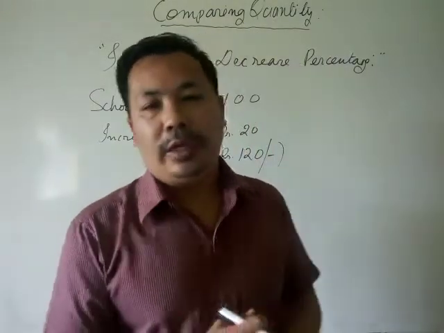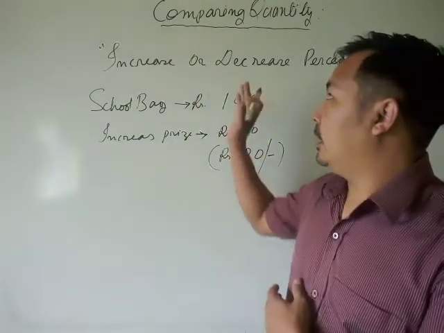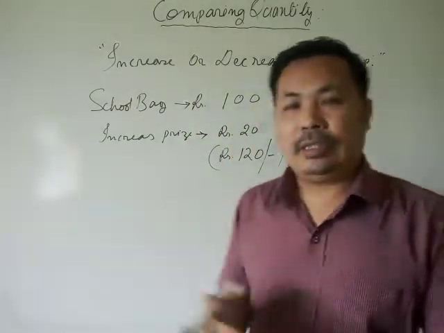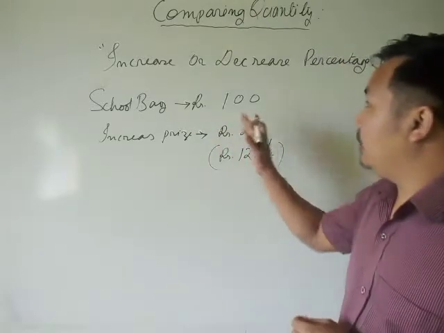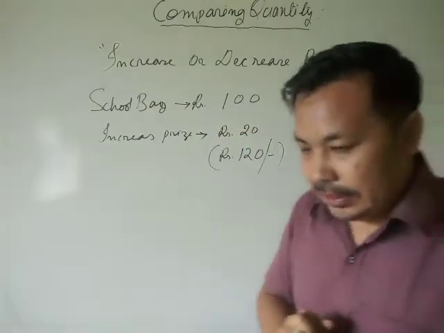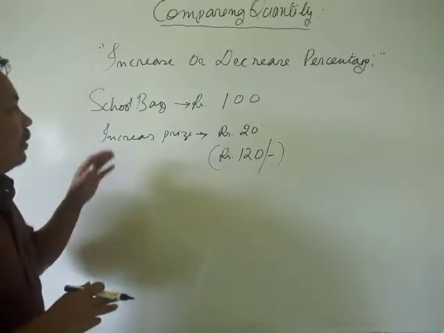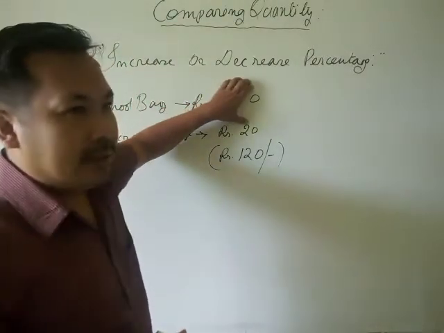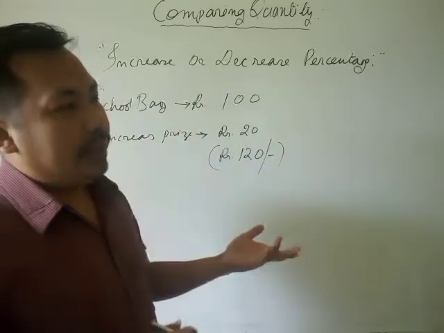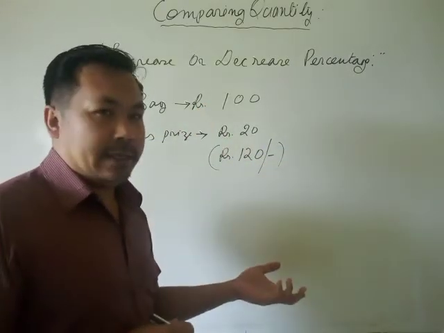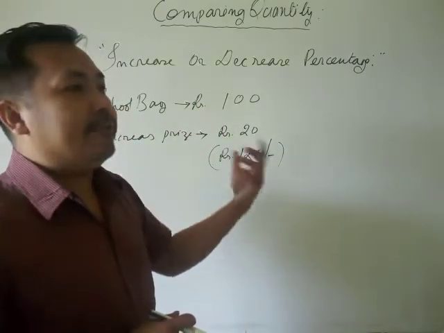I will continue with chapter number 8, comparing quantities, with another topic, that is increase or decrease percentage. In increase and decrease percentage, we are going to find out certain prices or values that were increased from the original price or original value.